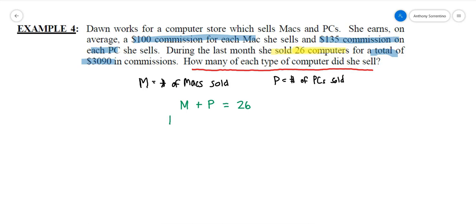So 100M would be how much money she earned off of the Macs that she sold. Whereas 135P would be the amount of commission she earned from the PCs she sold. And obviously those two values together should total the 3,090 that she actually got with the commissions. So there is our system of equations.